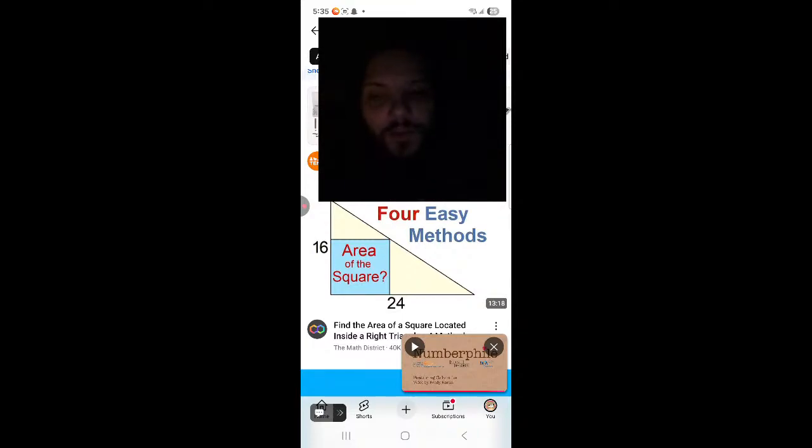The obvious difference is that with the right triangle, what if you have one where they do talk about the lengths being different? So one is length 24, and the other one's length 16. There's still a square in that.